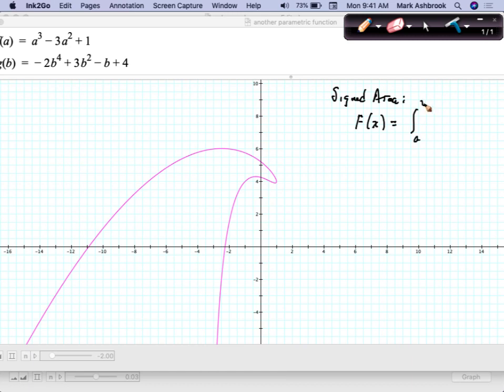What was the rate of change of signed area? So if that's my function, f, what's my rate of change of accumulated signed area?